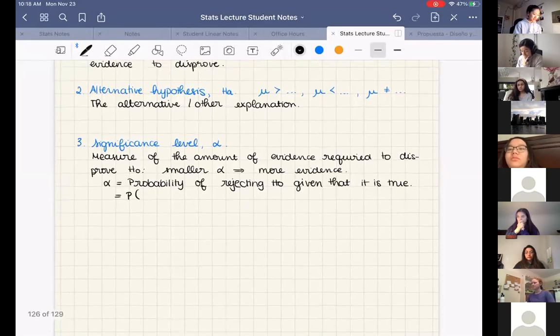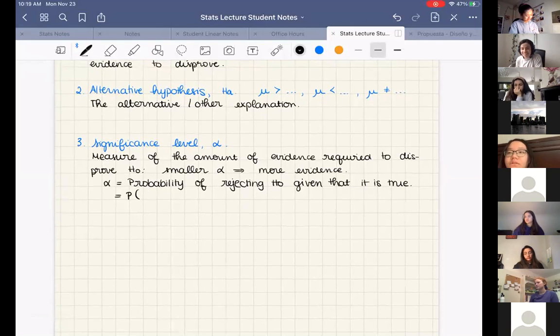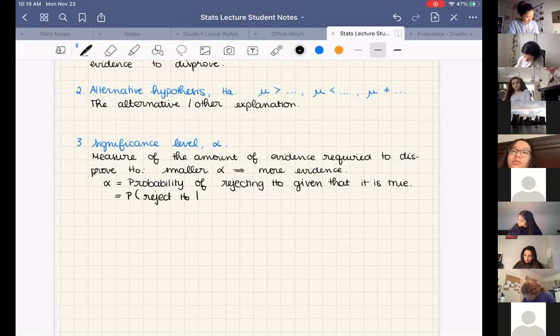Okay, Laurie. So by picking a small alpha, it's harder for us to reject the null hypothesis, because then it's harder to actually find results that are in this little region. Yes, good. That's exactly it. Essentially what we have is that alpha is the probability of rejecting H naught given that H naught is true.